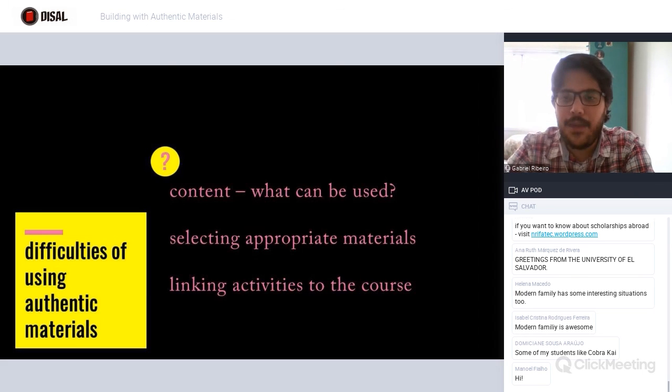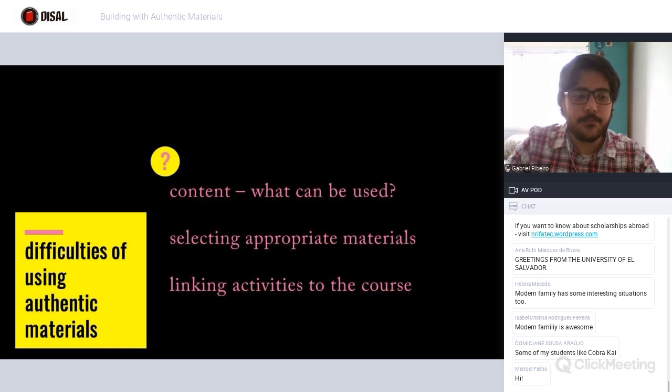I don't know how many of you have already tried to use copies of books or whatnot, and somebody told you what? People told me that many times. Oh no, you can't use this because you're using more than I don't know how much percent of the book, so it's not allowed. We have a wide variety of options on YouTube, for example, but is it okay to use it in online classes? Is it not? So we need to have this in mind.